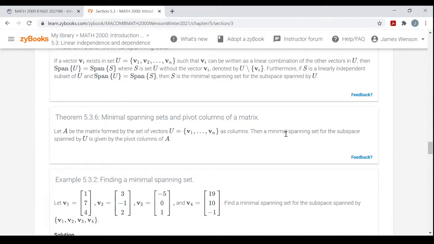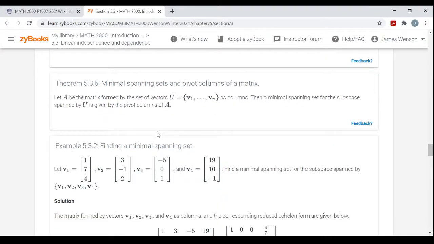Then a minimal spanning set for the subspace spanned by U is given by the pivot columns of A. When you put A into echelon form or reduced echelon form, the columns that correspond to the pivot columns from A will form a minimal spanning set for the subspace spanned by U. And I'll show you what I mean here.